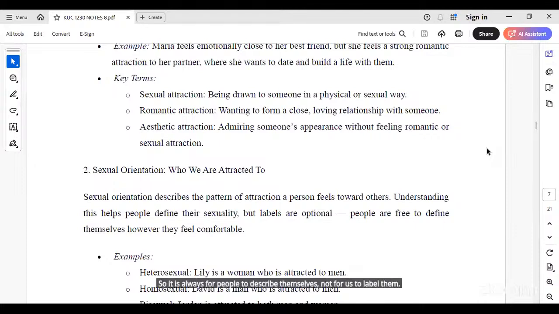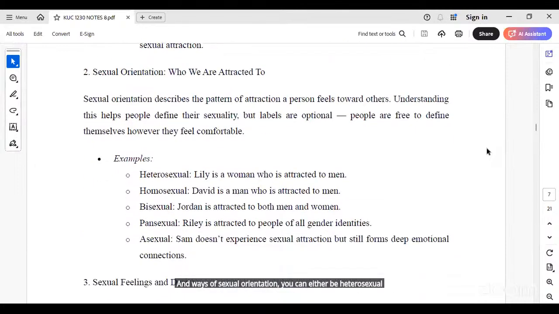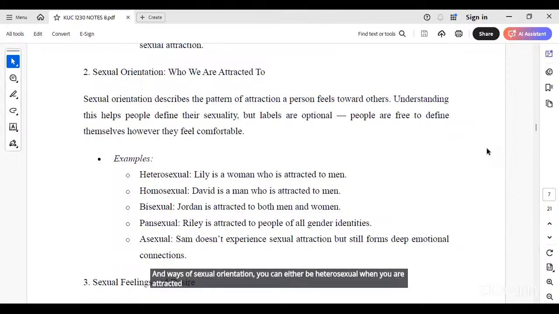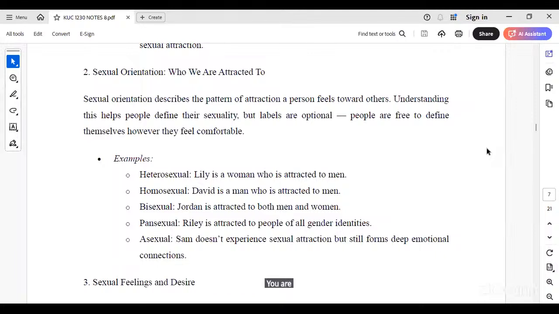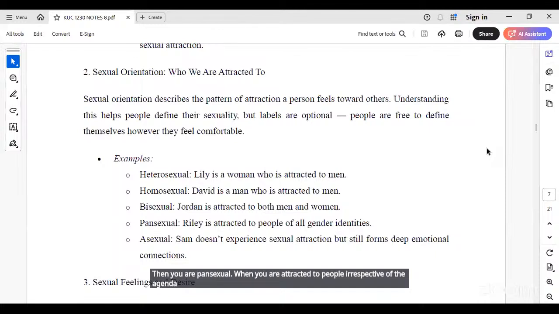And in terms of sexual orientation, you can either be heterosexual when you are attracted to someone of a different gender. You are homosexual when you are attracted to someone of your own gender. You are bisexual when you are attracted to both male and female. Okay. Then you are pansexual when you are attracted to people irrespective of their gender identities.